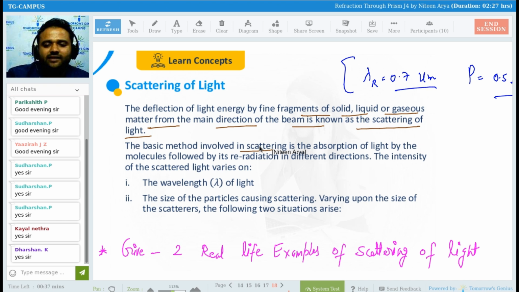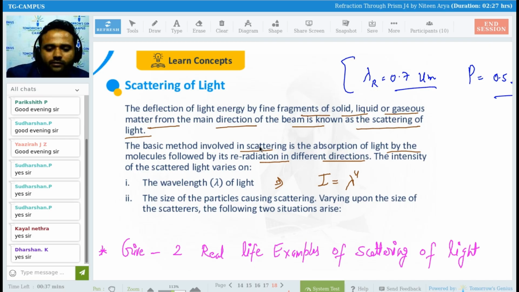The basic method involved in scattering is the absorption of light by the molecules, followed by its re-radiation in different directions. The intensity of the scattered light varies with the wavelength, and in Rayleigh scattering the intensity is proportional to something with lambda to the power 4. Okay. Intensity is inversely proportional to lambda to the power 4.